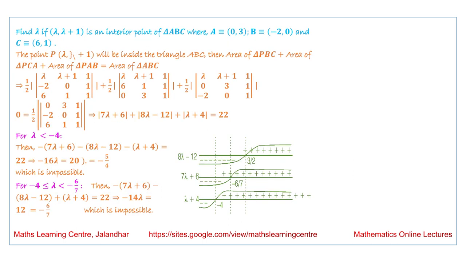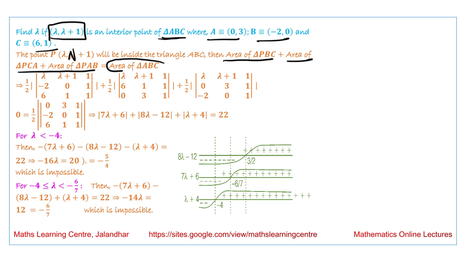So, this is one of the conditions that we have. Based upon this I have a problem over here: find the value of lambda, if lambda comma lambda plus 1 is an interior point of a triangle whose vertices are given. If this point P is inside the triangle, then the sum of the areas of the 3 triangles should be equal to the area of the whole triangle.